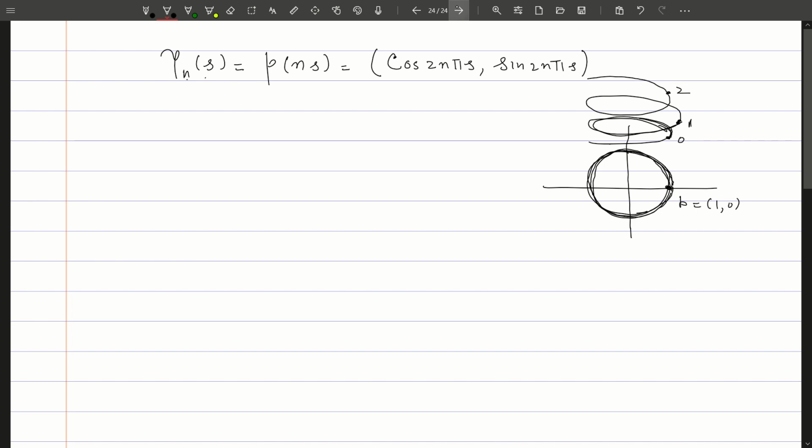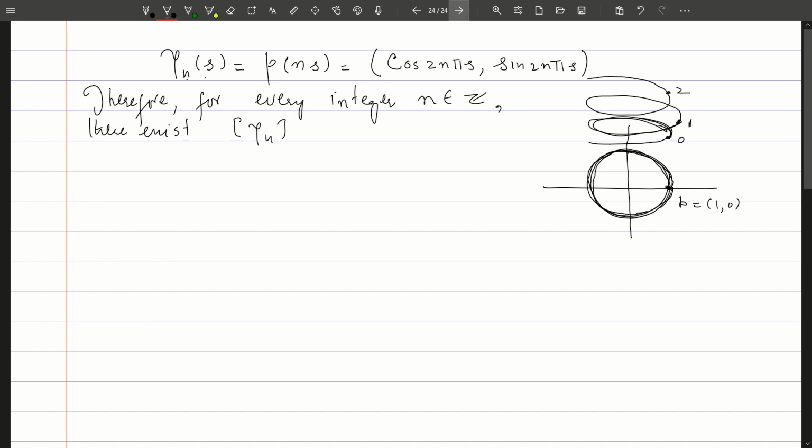Therefore, for every integer n in Z, there exists the homotopy class of gamma n in the fundamental group of the circle based at b, such that phi of gamma n is gamma n tilde of 1.